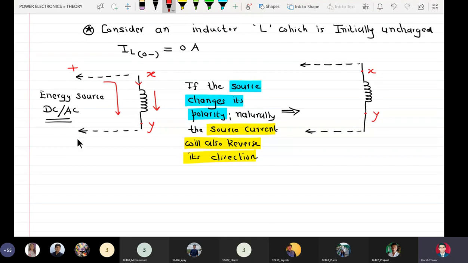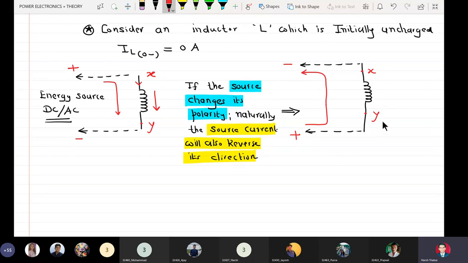If the source had a polarity plus and minus, it pushed the current from positive terminal to negative terminal, and hence the current was flowing from top to bottom, or node X to node Y. Now the source has reversed its polarity, and according to the laws of voltage sources, it will try to have the current flowing from its positive to its negative.